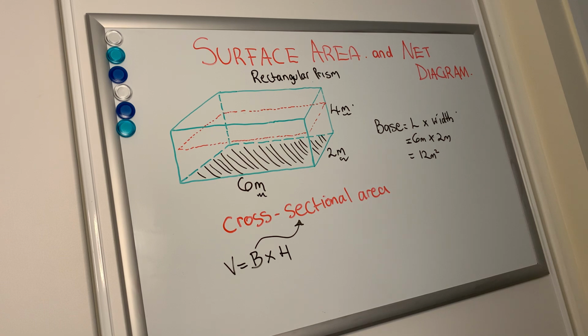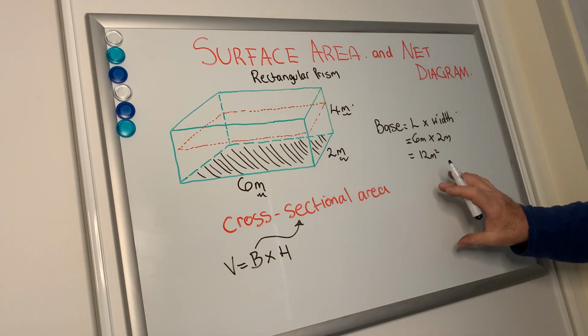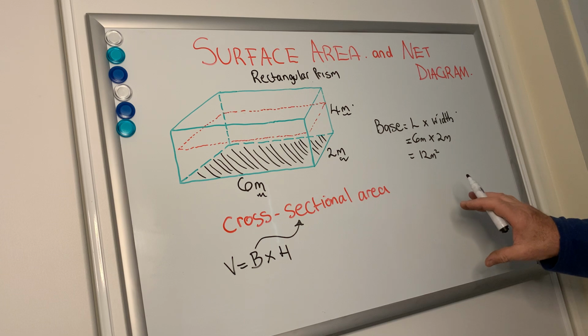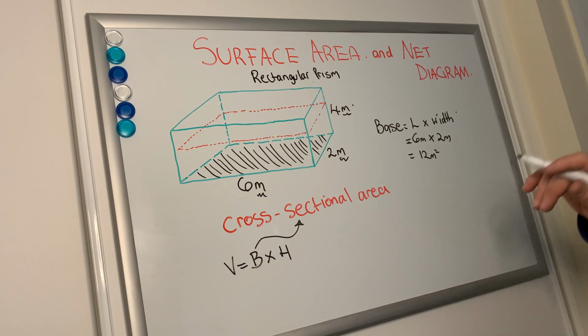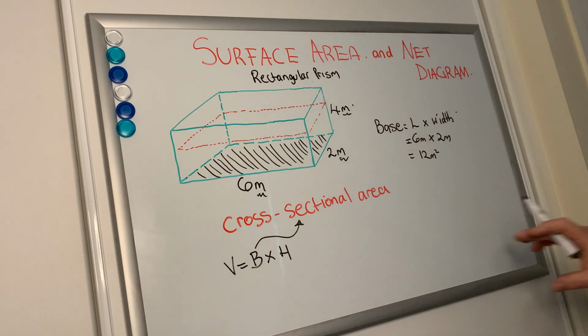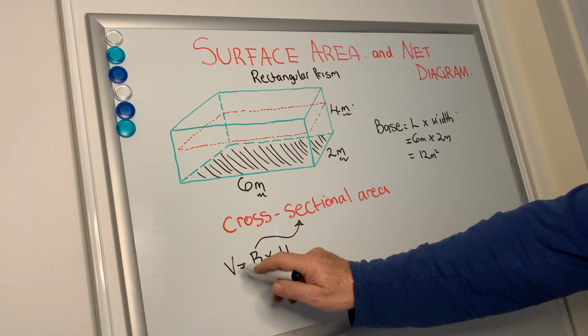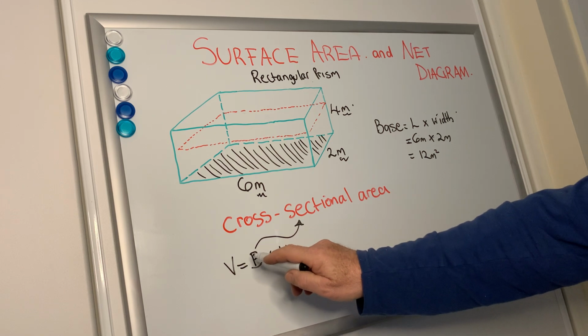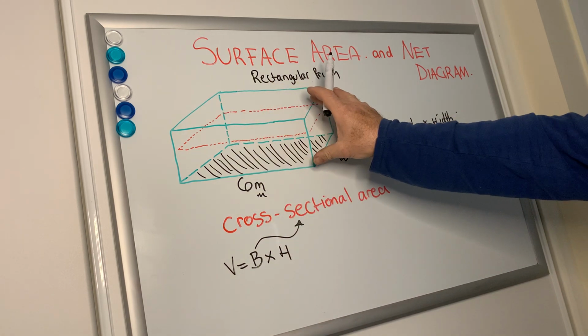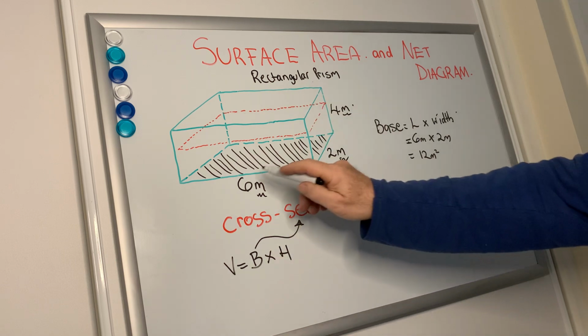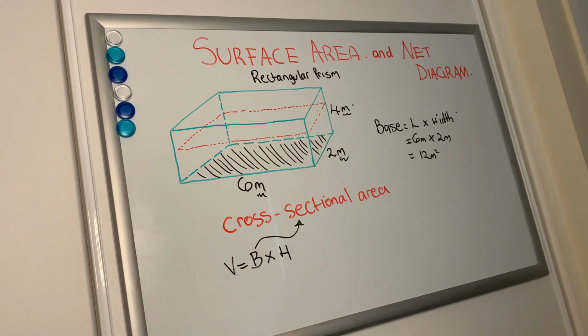We did touch on this last week, but I just wanted to bring this to your attention more so, because if you were to sit a year 7 or a year 9 NAPLAN exam, you'll have a typical question like this, and they'll ask you to find the volume.